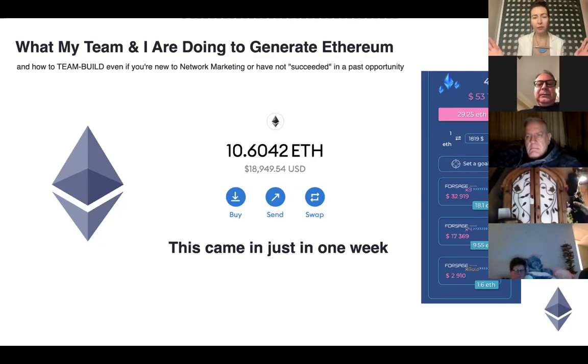Obviously you can go wide over time, but building deep, helping your team grow, and you winning. So it's literally a win-win-win. Whoever enrolls wins, I win, and my upline, Mike, wins. Everyone is taking part of the ETH stake of the Ethereum being generated.